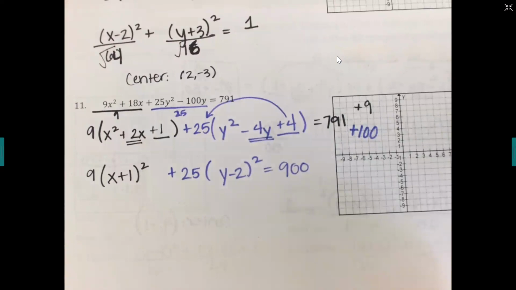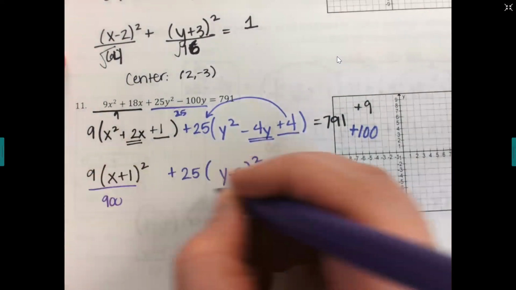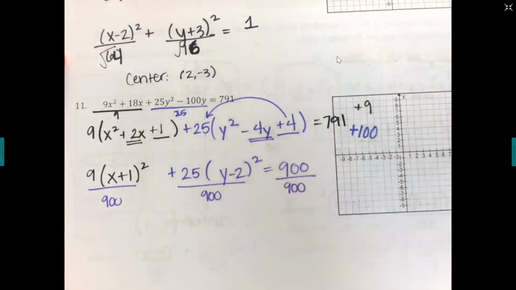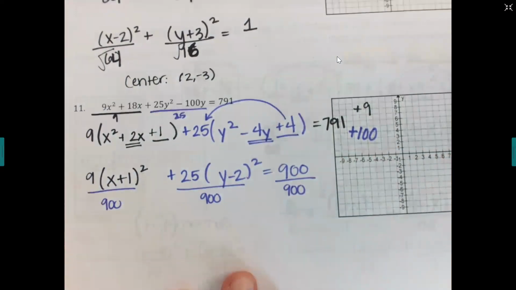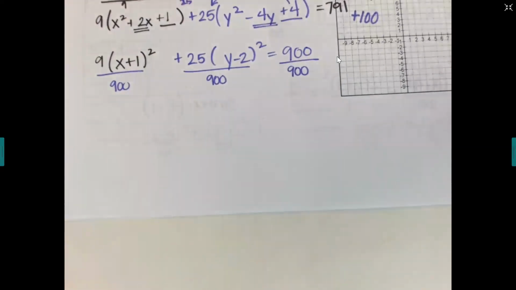No. So the way we get rid of it is we divide the 900 across to be on the bottom for all the fractions. So I'll put over 900, over 900, over 900. And then remember, you're dividing the bottom by the top so that you know what to put down there. They should always be perfect squares. If they're not, you probably messed up.